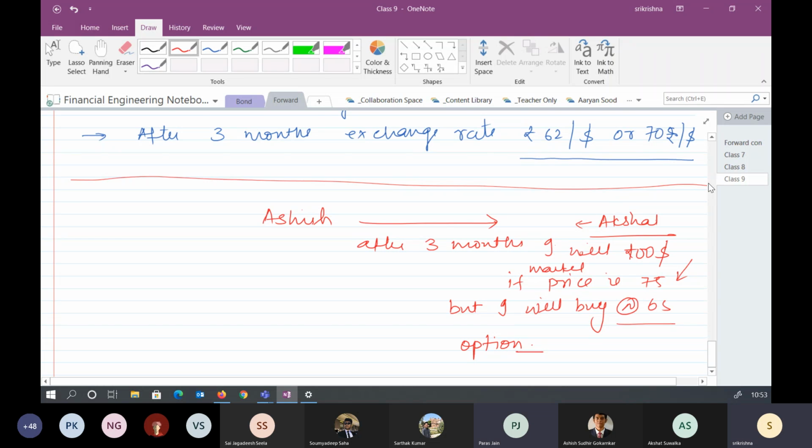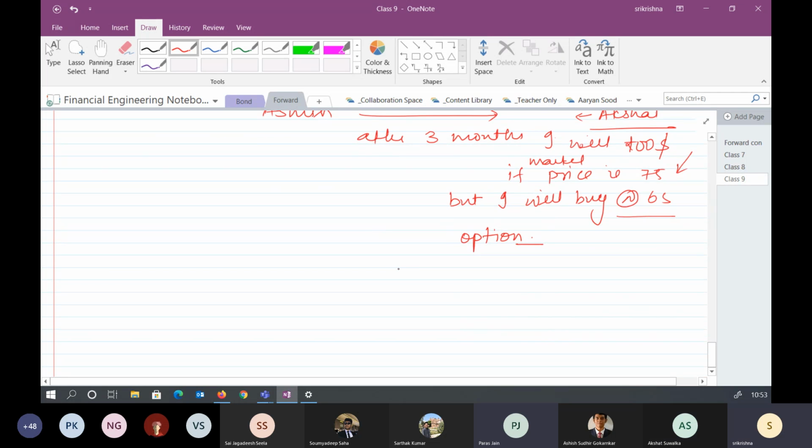Sir, why would Akshat agree on that? Exactly, because for giving this option, Akshat is charging some amount of money.